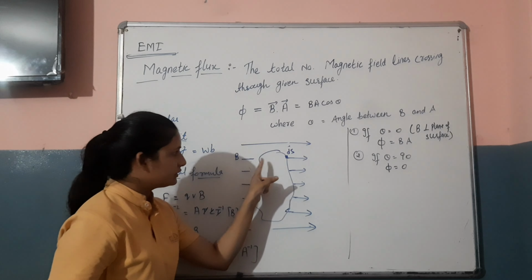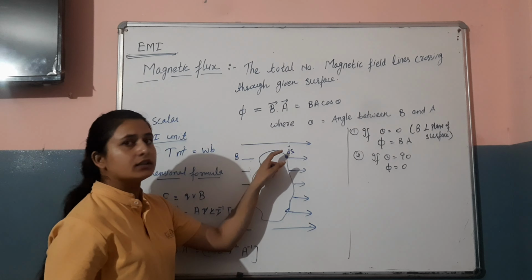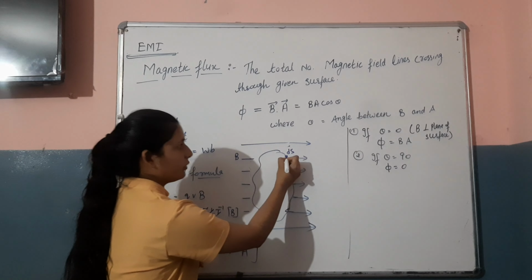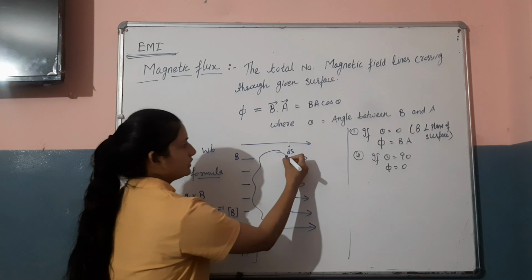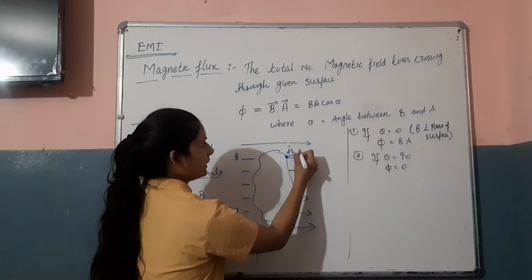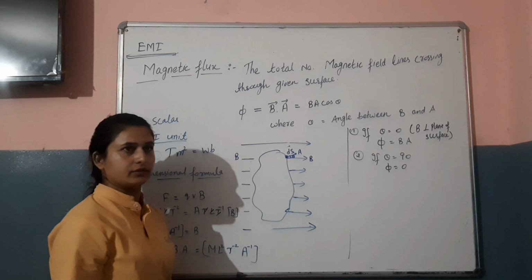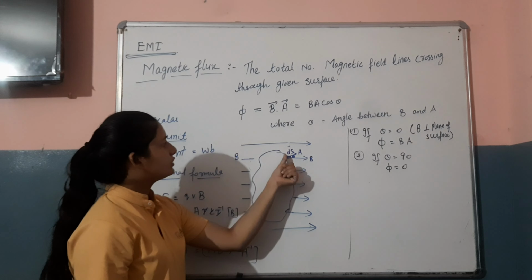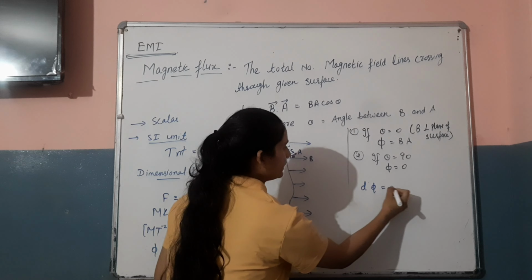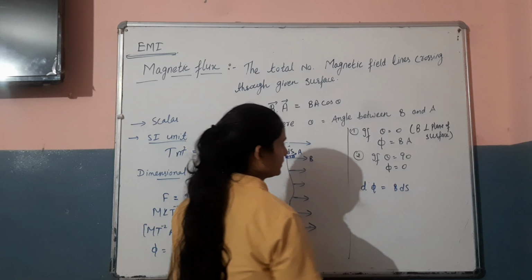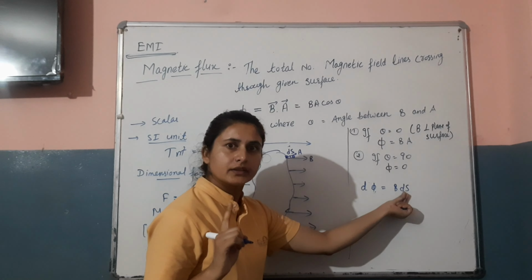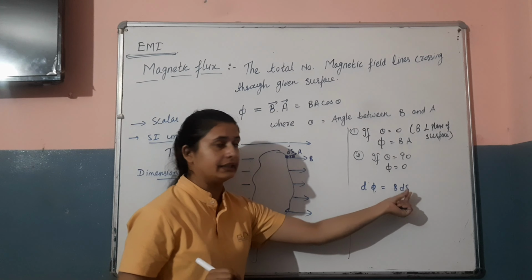So the magnetic flux linked with the small surface area: this is the direction of B, and this is the direction of area, and theta is the angle between them. So the small magnetic flux linked with the small area is d phi equal to B dS cos theta. This d phi is the magnetic flux linked with this small surface element.